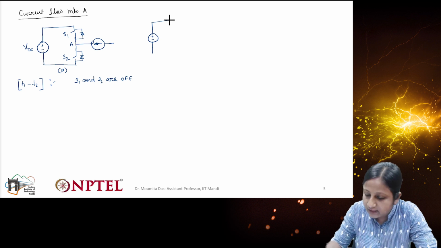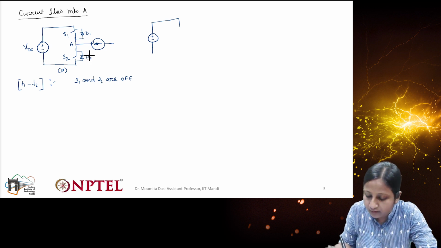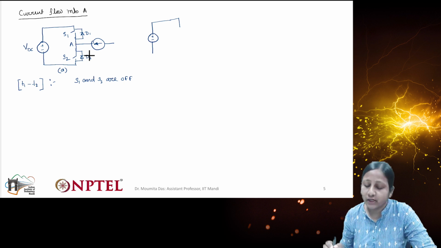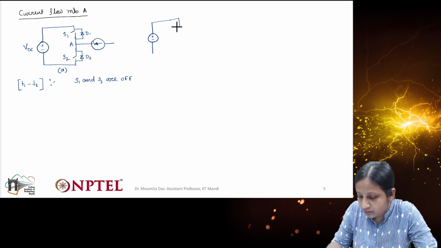Then it has a path through the body diode of switch S1. I am representing the body diodes of switches S1 and S2 as D1 and D2. This body diode will provide the path for conduction of current.